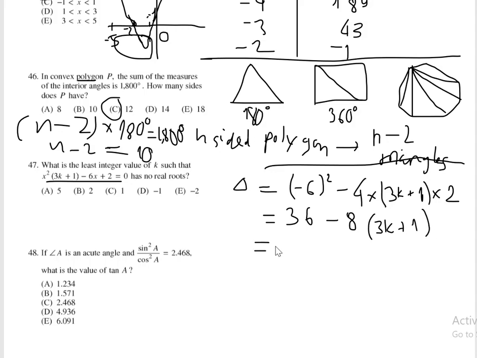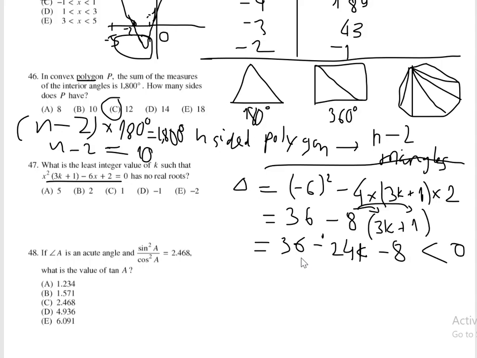We can figure out this is 36, and multiplying each term in the bracket, 8 times 3k is 24k. Notice there's a minus sign here, so we must change the sign inside the bracket. So this is minus 8, and this whole thing must be smaller than 0.